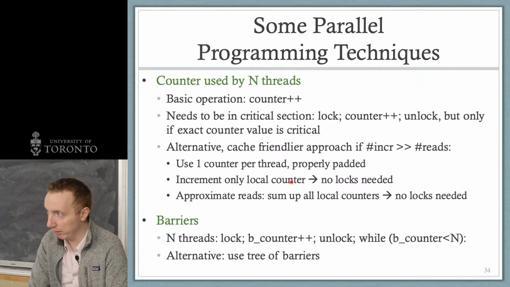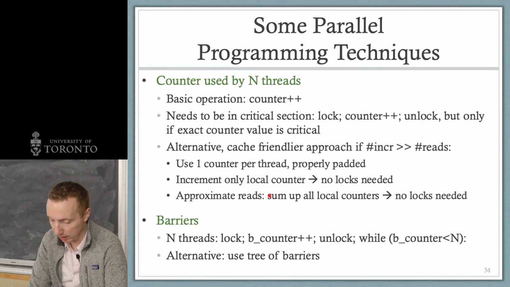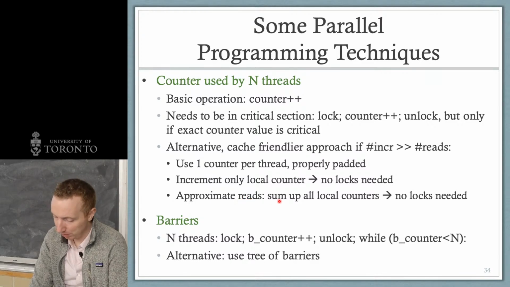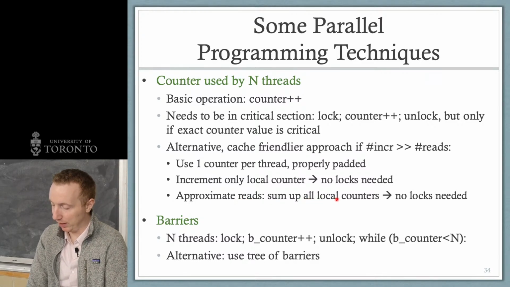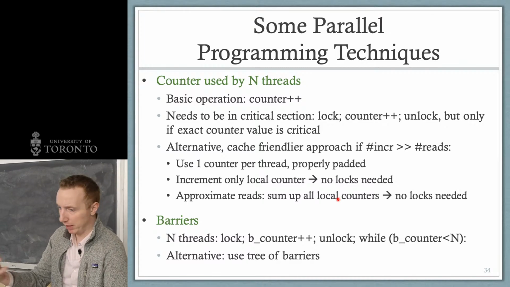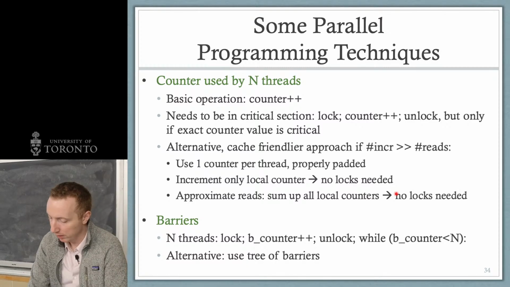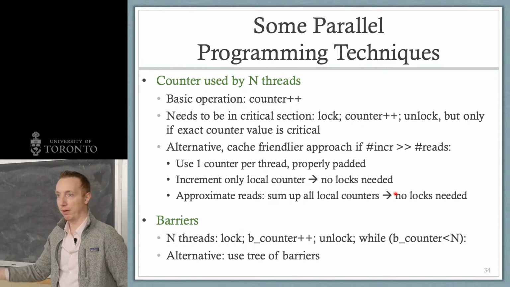I don't have any data races if I'm only updating my own copy of the variable. And then if I sum up all the counters in a non-data-racy way, I could use a lock here. It probably wouldn't be that long. Then I could just sum it up and get that final value.